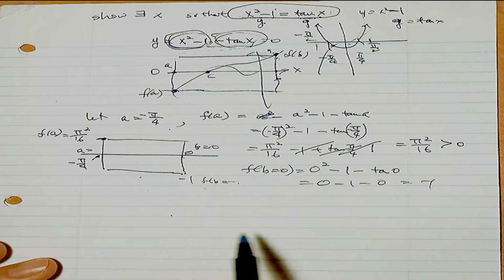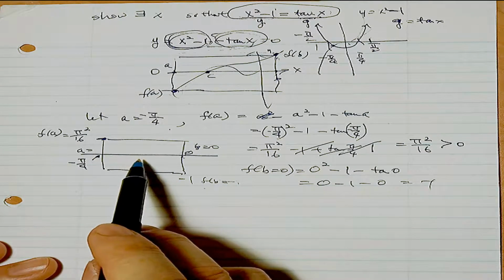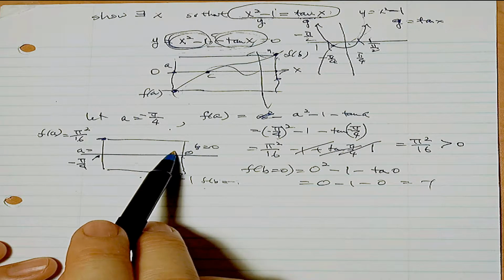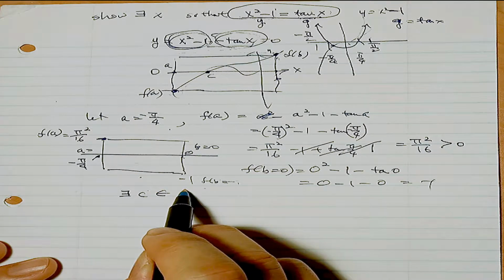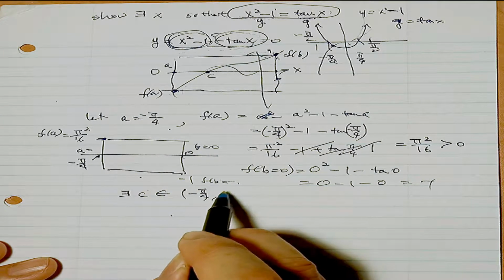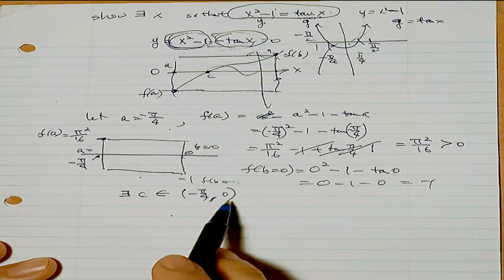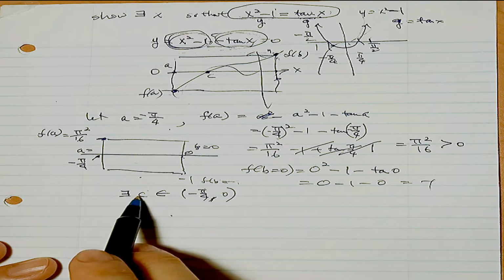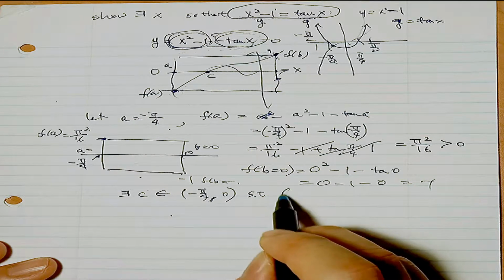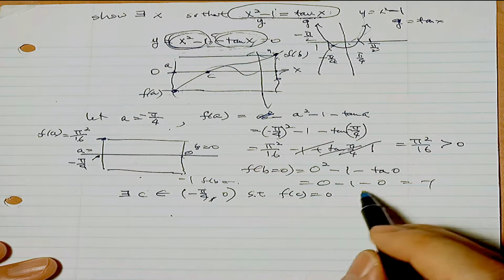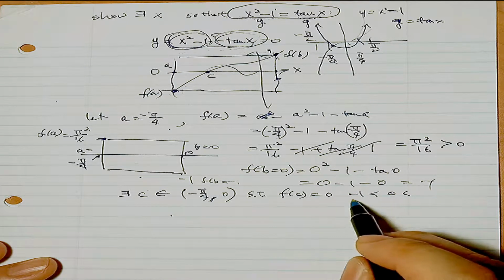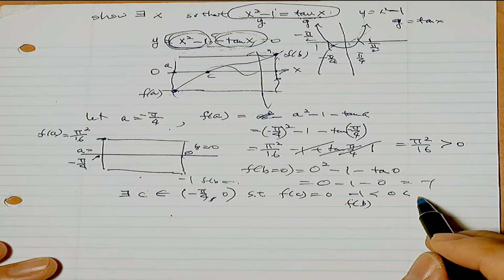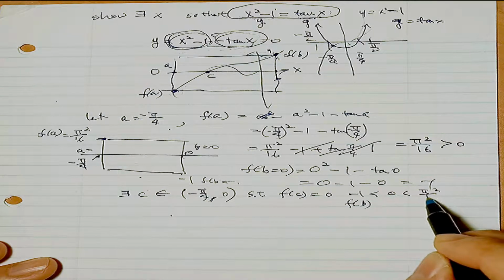So then you can say by intermediate value theorem, there must be a number c, which is between a and b, that is, there exists a c in the interval of negative pi by 4 and 0, okay? Negative pi by 4 and 0, there is such a number c, such that f of c would be 0. Why? Because 0 is greater than negative 1, which is f of b, and less than pi squared over 16, which is f of a.